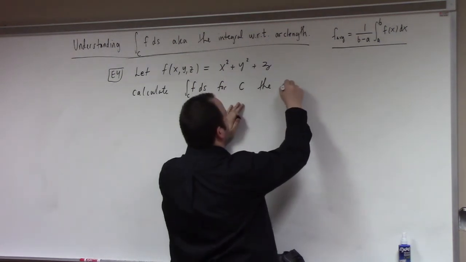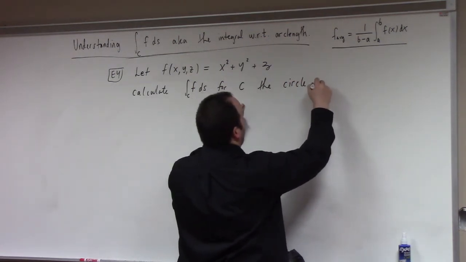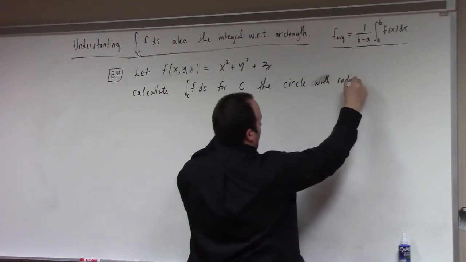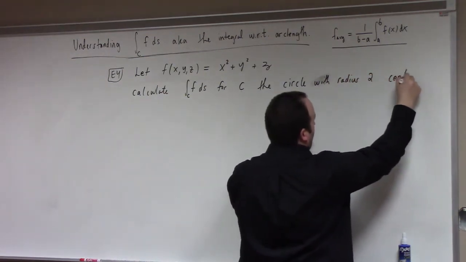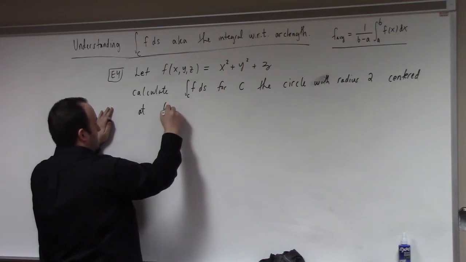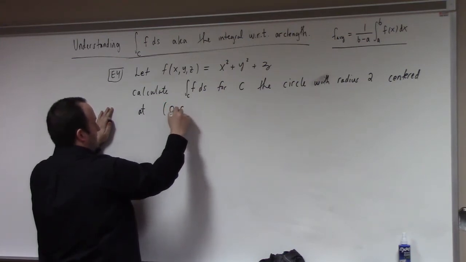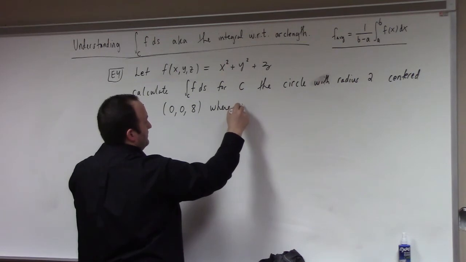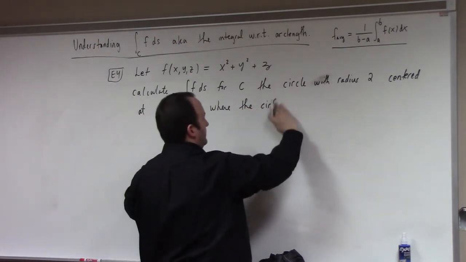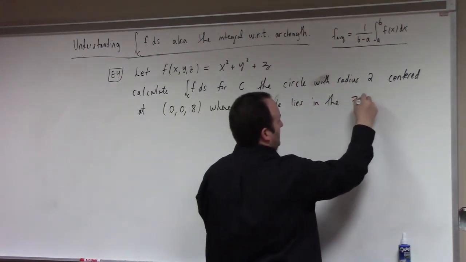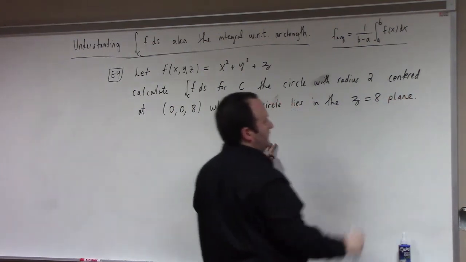For c, the circle with radius 2 centered at, let's say, 0, 0, 8, where the circle lies in the z equals 8 plane. All right.